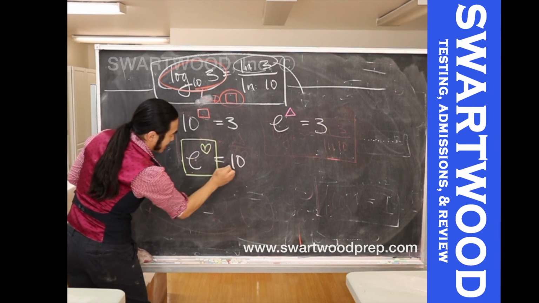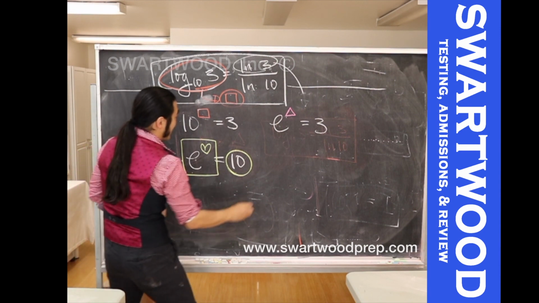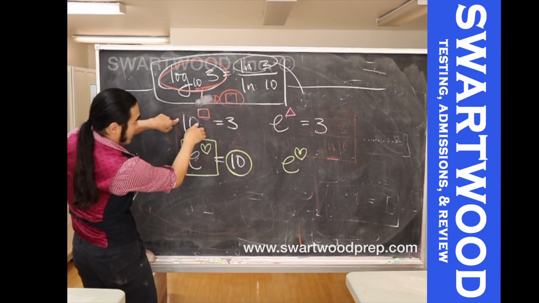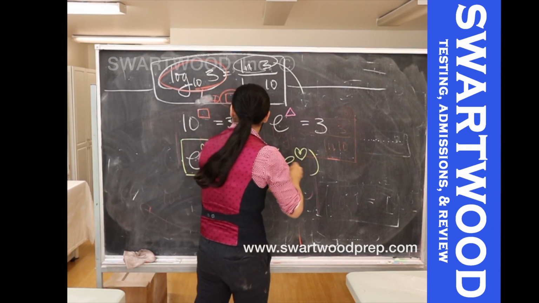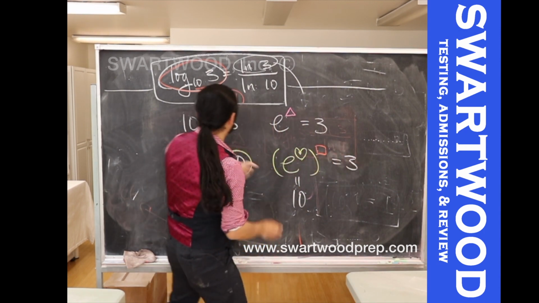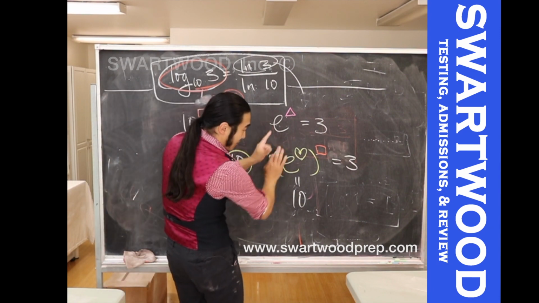So we agree that this right here is equal to 10. So I'm going to come back up into this equation and have e to the heart, right? Because that's what 10 is. So 10 raised to the square is 3. So e to the heart, which is 10, raised to the square is 3. That's just reiterating this statement right here. Okay? All right, so now we have this set up.